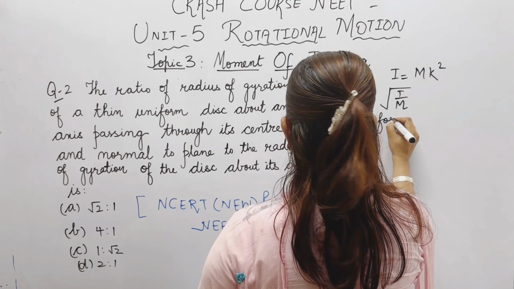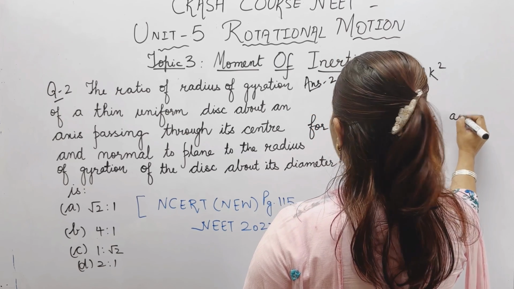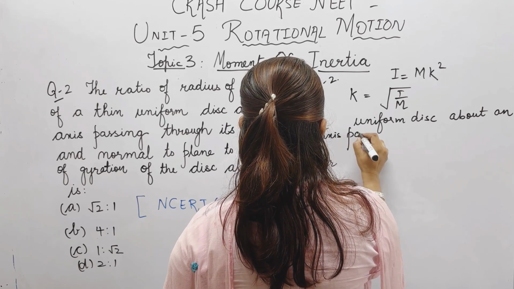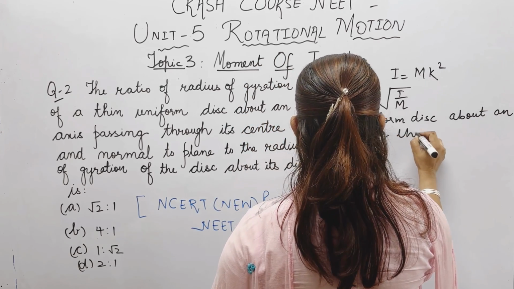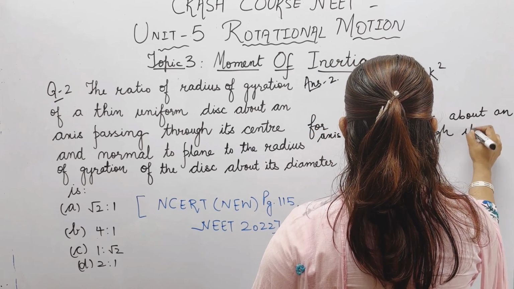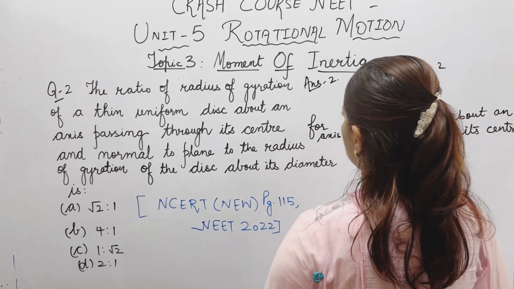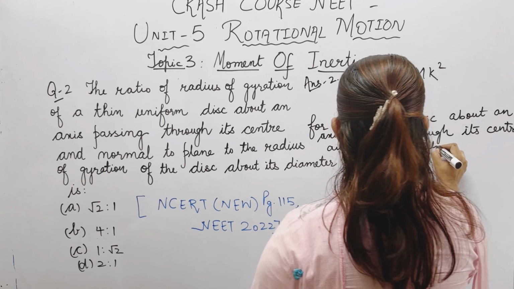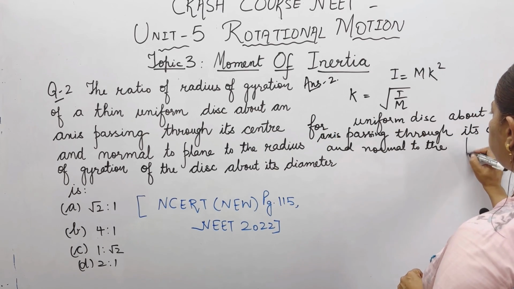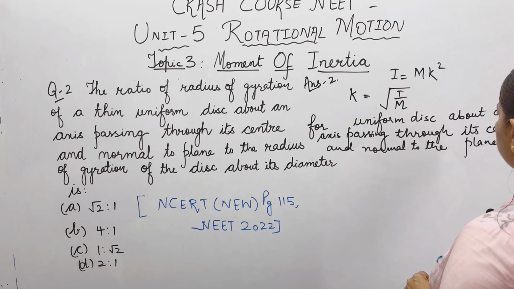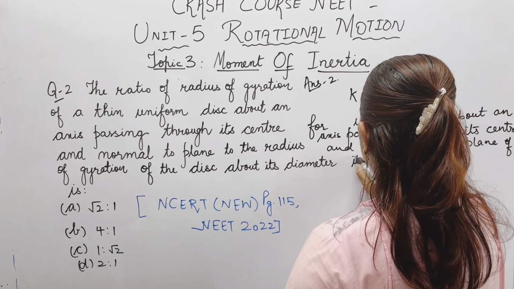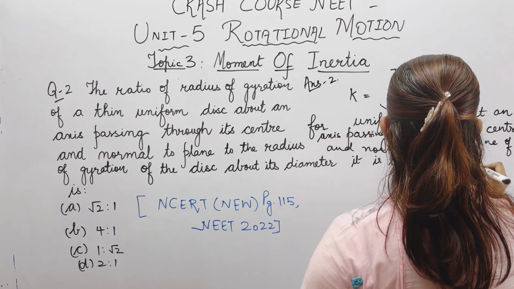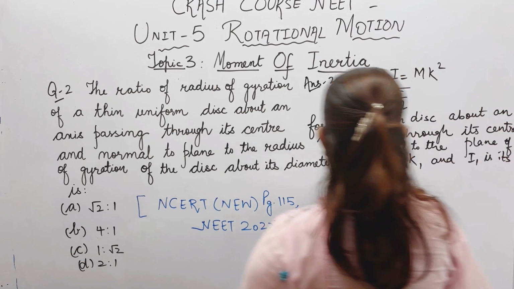For a uniform disk about an axis passing through its center and normal to the plane of it, let K1 be the radius of gyration and I1 its moment of inertia.